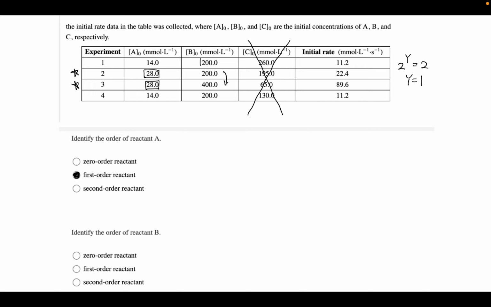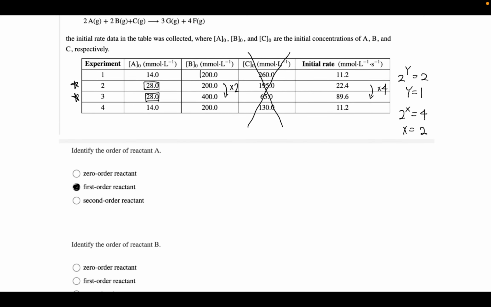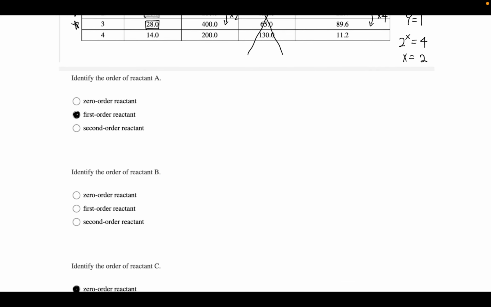When we double the concentration of B, we get 4 times the initial rate, meaning that 2 to the x power equals 4, and x equals 2. So reactant B is a second order reaction.